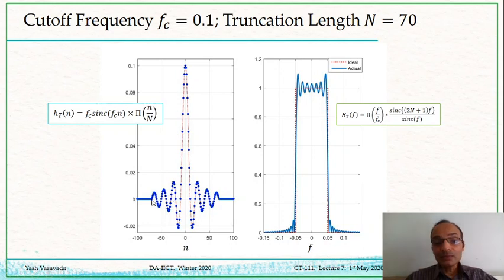But what we have said is that in a practical system, this cannot be the case. A practical system would be the one where we would take this ht of n and we will move it by capital N divided by 2 samples, so that this very first sample which is becoming non-zero shifts to n equal to 0.